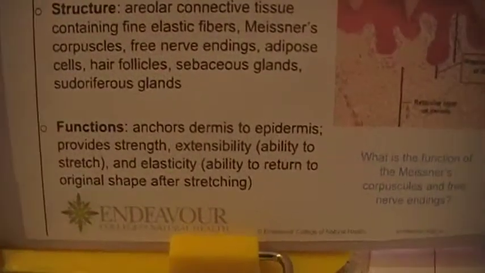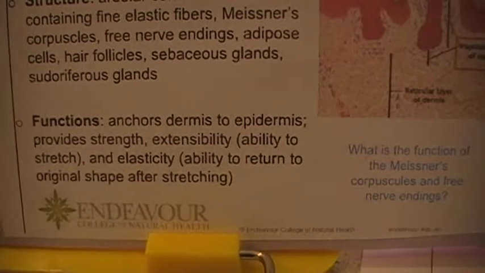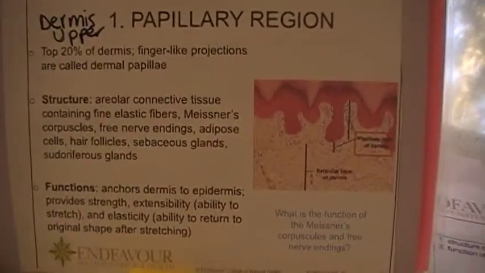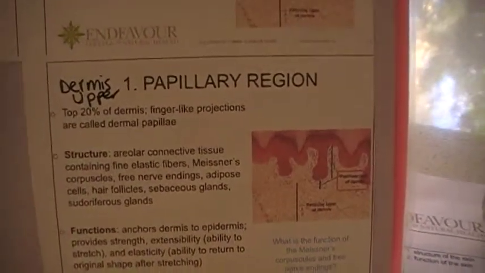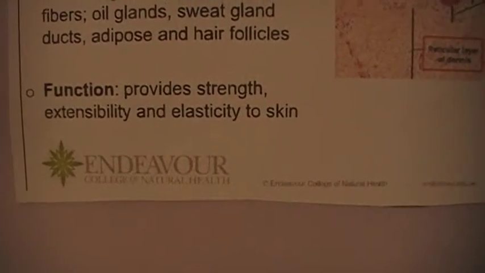So that's the same: strength, extensibility and elasticity, but the papillary region, as well as that, anchors the dermis to the epidermis. What are the two regions of the dermis? Papillary region, reticular region. What are the functions? They are both strength, extensibility and elasticity.